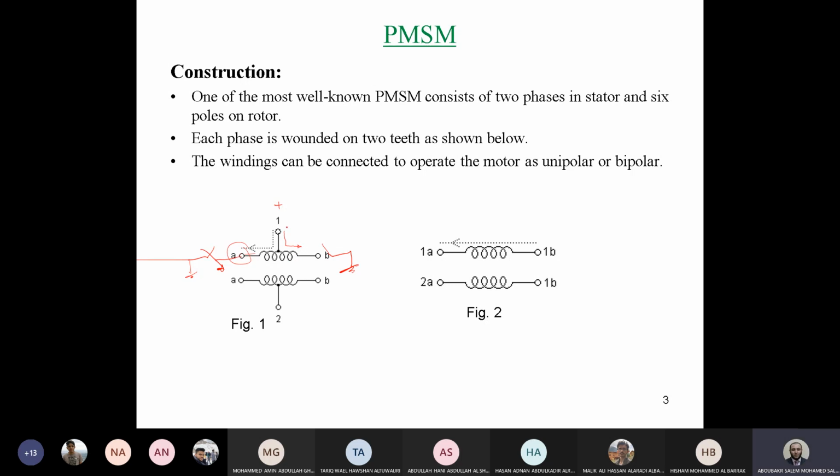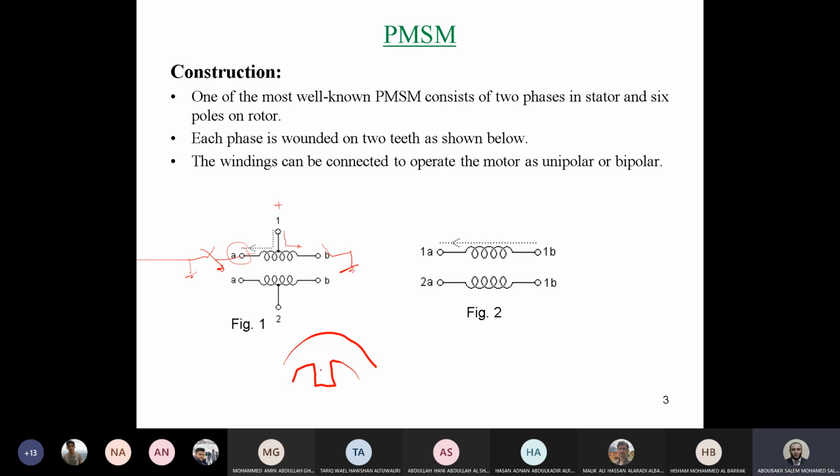And the beginning of the pole will be at the other point of the half coil. So in this case, the end of any tooth will have only one polarity. For that, we call this motor unipolar. Again, this is the structure of the motor, and here we have the tooth.